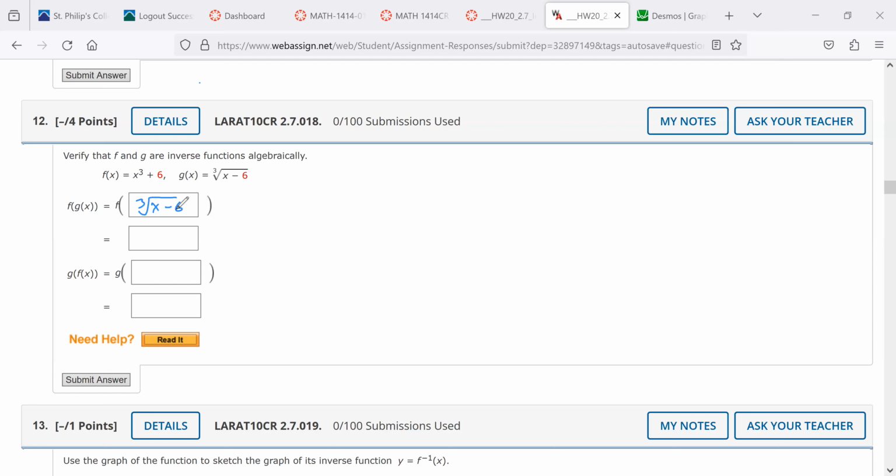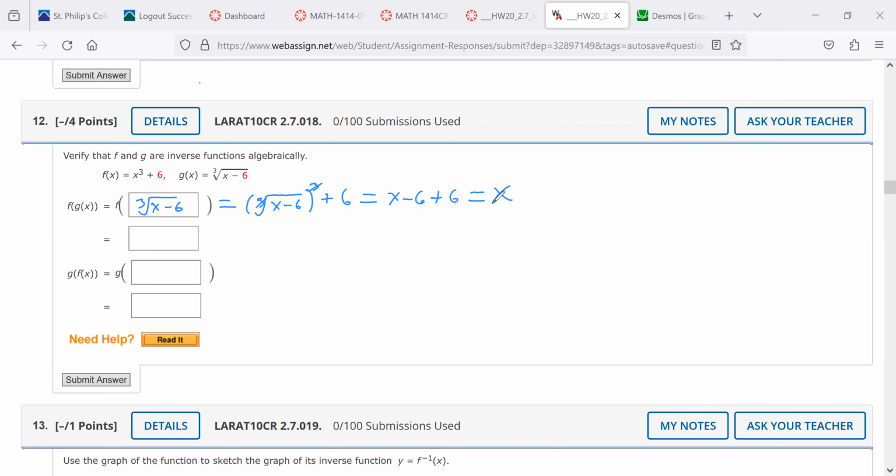Well, it's going to look weird if I do it there, so that means you cube the input, which would give me x minus 6 plus 6, which would be x.